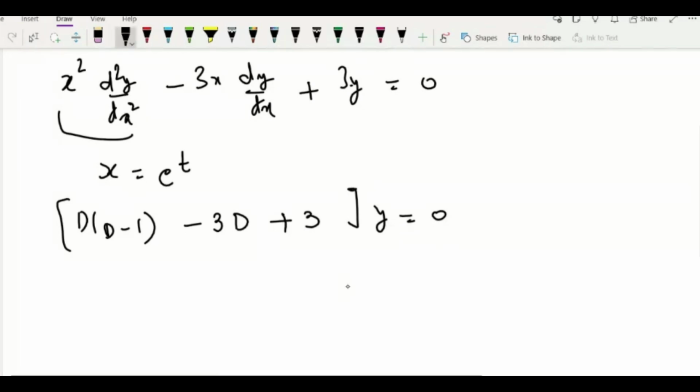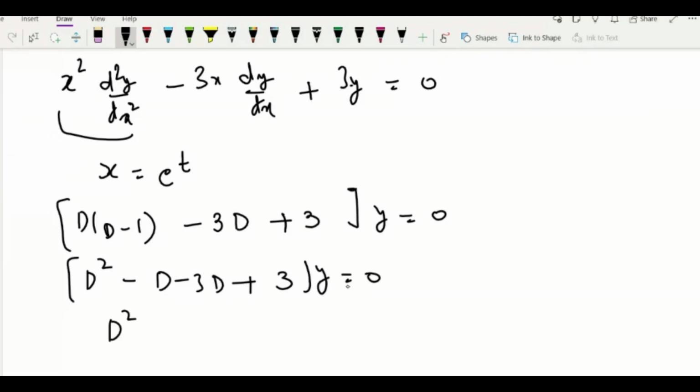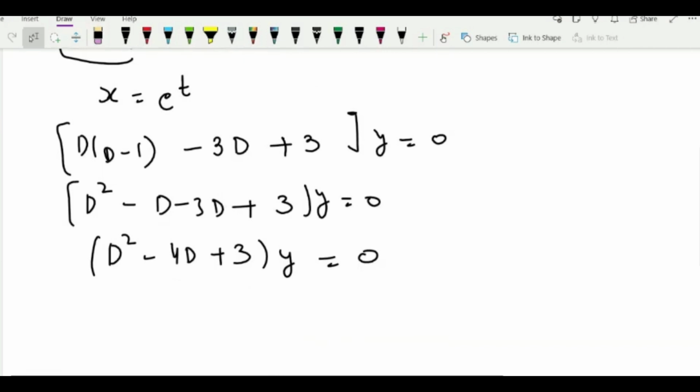So we get D square minus D minus 3D plus 3, y is equal to 0. So our symbolic form becomes D square minus 4D plus 3 into y is equal to 0. Writing the auxiliary equation, we substitute D is equal to m: m square minus 4m plus 3 is equal to 0.